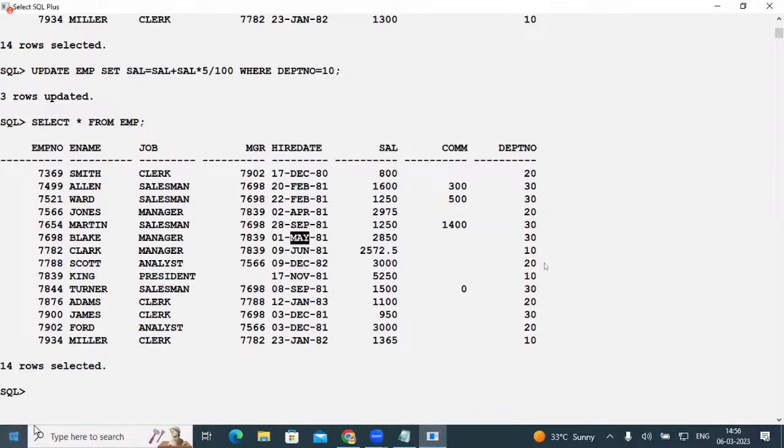So that means I can't write it like this. Select star from EMP where hire date, 1981. After 1981, if you write 1981 directly, it is not allowed. So you have to write it in the format of the hire date. 1981 after?